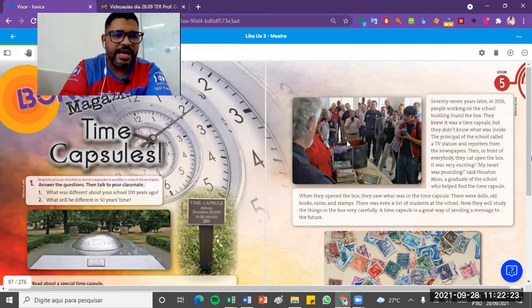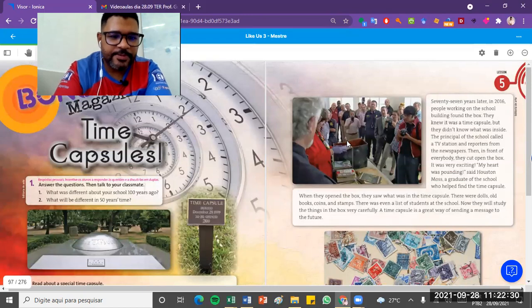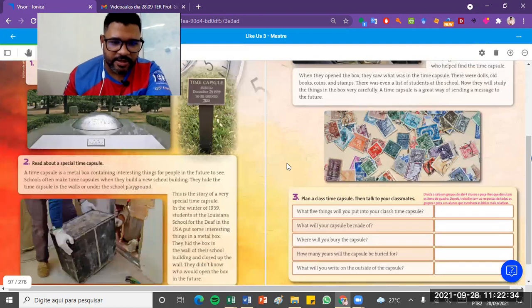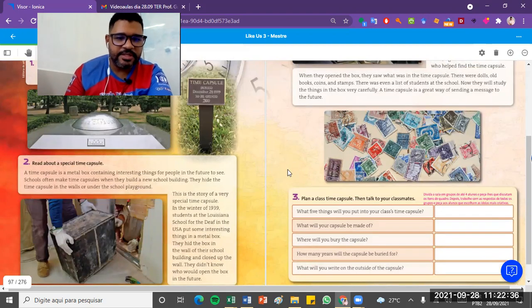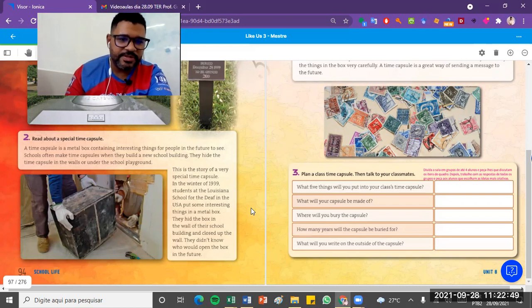Então, vocês podem ver que coisa interessante de se fazer é criar uma cápsula do tempo. Essa cápsula foi enterrada no inverno de 1939, na escola em Louisiana. Nela foram colocadas várias coisas interessantes, justamente quando uma nova parte do prédio da escola foi construída.